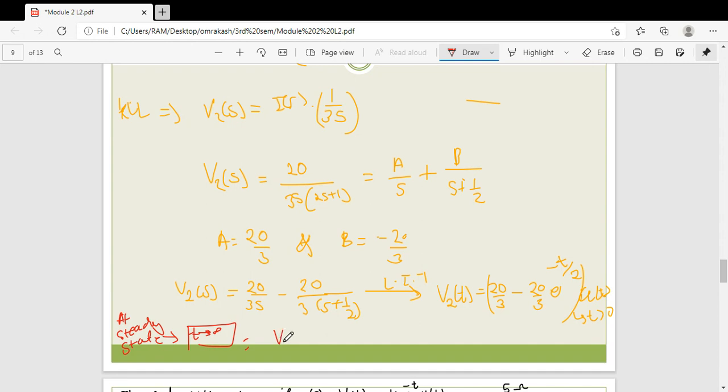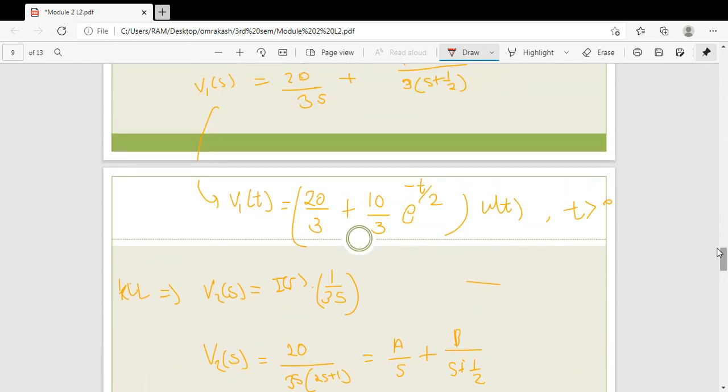You will get V1 of infinity equal to V2 of infinity, at infinite time, is equal to 20 by 3 volt. Okay, see, t value is put infinite, so this term becomes 0. So you will get 20 by 3.